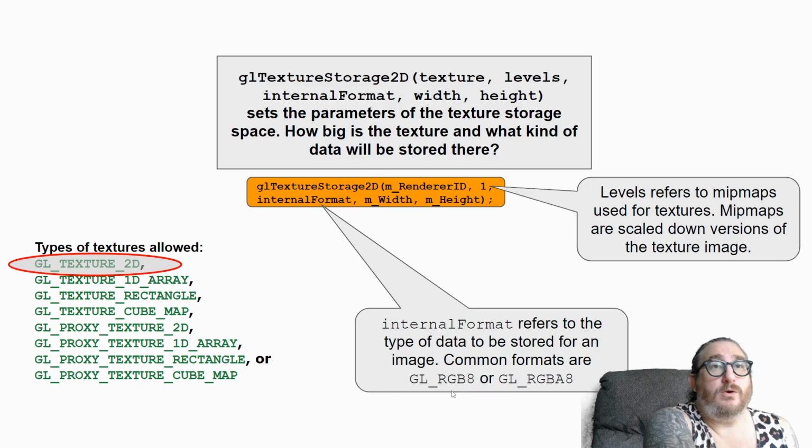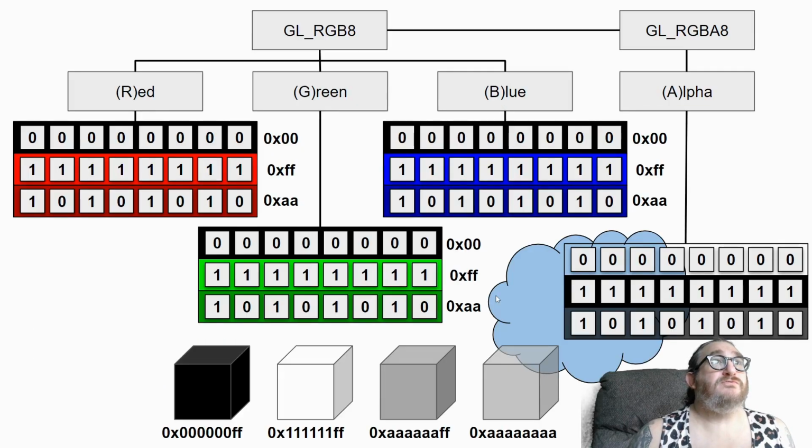Now I just want to quickly go over RGB8 and RGBA8. What do those formats mean? Well, GL_RGB8 is basically the image format. Most images that are color images are some form of red, green, blue channel.